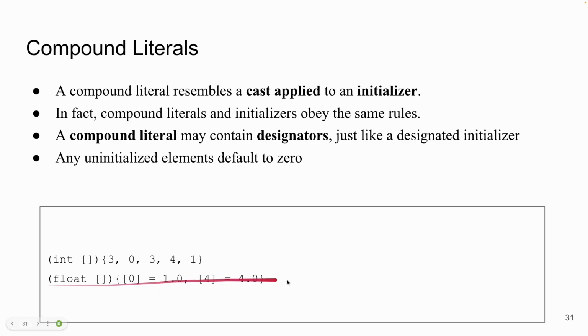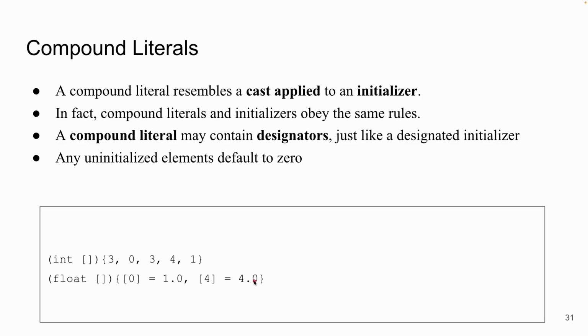So in the second line, this is another example of compound literal. This compound literal can be used to represent a 1D float array. And then in the second part, the initializer part, I can use designated initializer. So this will make this compound literal have the element 0 to be 1.0 here, and then the element 4 will have this number here.